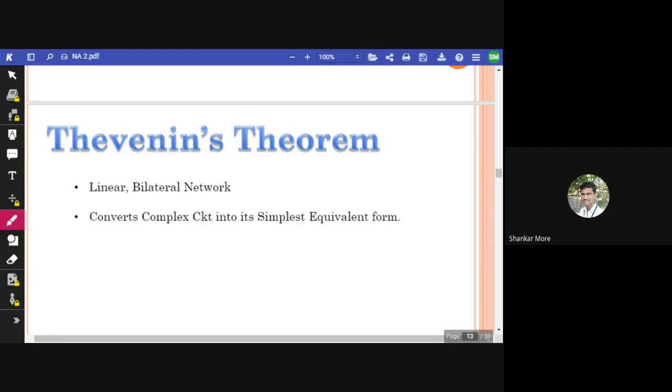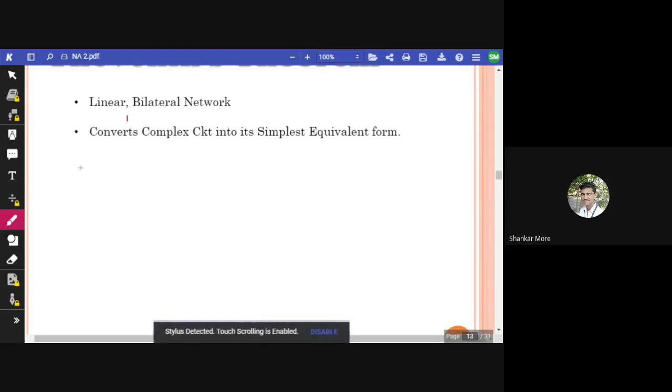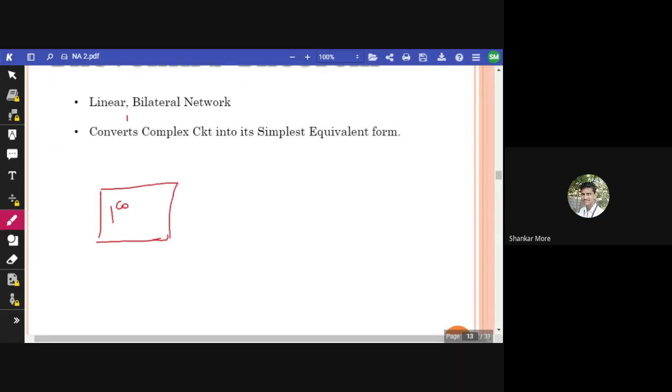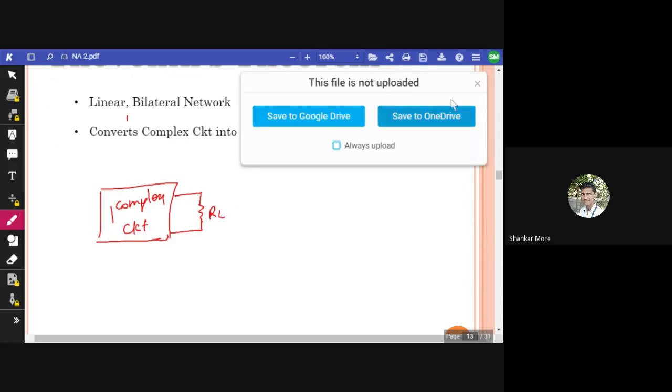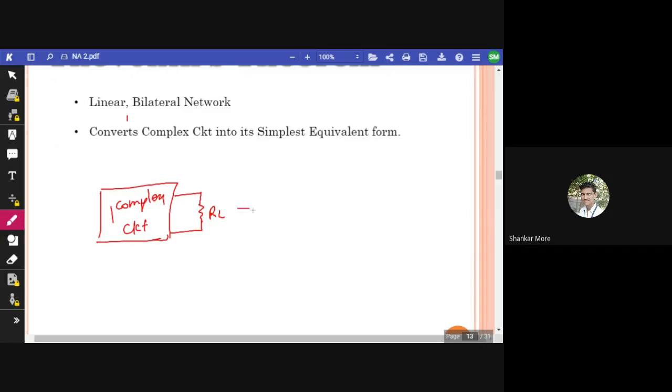All right. So how does it simplify? Let me write here. This is a circuit, a very complex circuit. I'm not drawing it actually. This is a complex circuit and it has some load, suppose load RL. So this circuit can be simplified with the help of Thevenin's theorem.